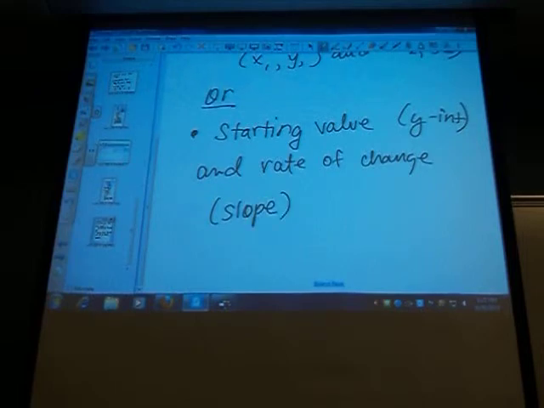So they'll either give you 2 points, or they'll give you a starting value and a rate of change. Now you guys know what to do in either of those cases. If you have a slope and a y-intercept, just write an equation: y equals mx plus b. If they give you 2 points, you have to find the slope, and then plug in the slope and the point to find the equation.